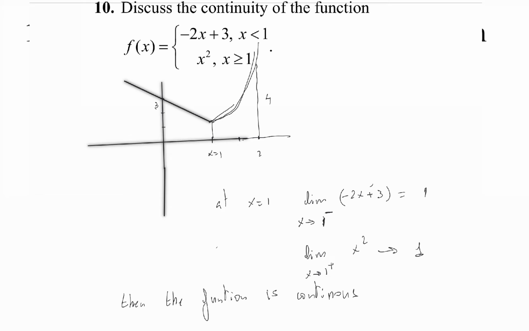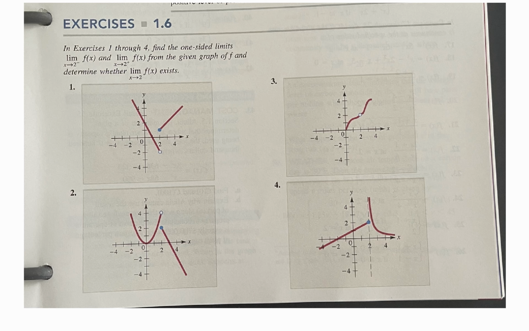And the limit when x approaches 1 from the right, the value of the function is 1, because it's x squared for x bigger than 1, so it wants to be also 1. They have the same limit, so the function is continuous. In fact, you can draw the function without taking your pen off of the paper. So it's continuous. And now let's go to analyze this problem.